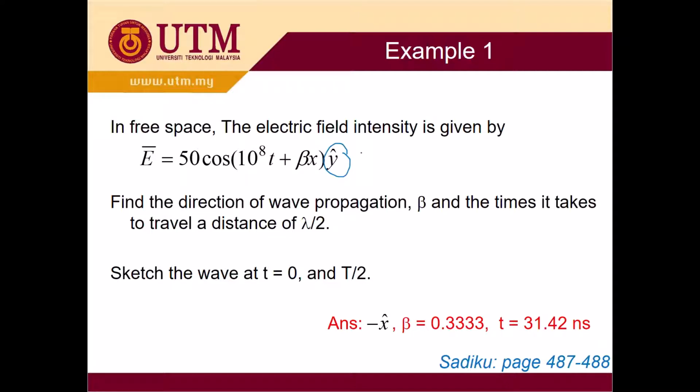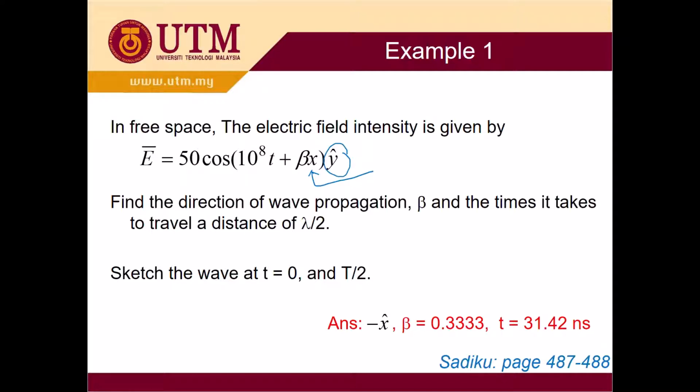So the E component is along the y-axis, and here we have x. This is basically the direction of our propagation. It's not z, it's x. So be careful with the questions.